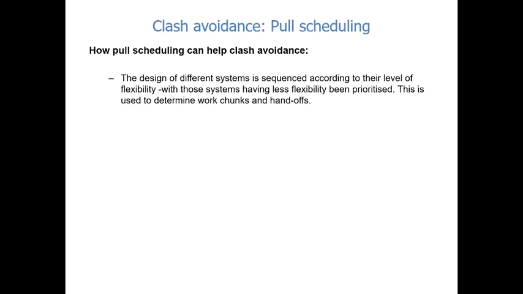Design of different systems is sequenced according to their level of flexibility, with those systems having less flexibility being prioritized. So, could you tell me what I mean by less flexibility and more flexibility? Guys, these are important terms.